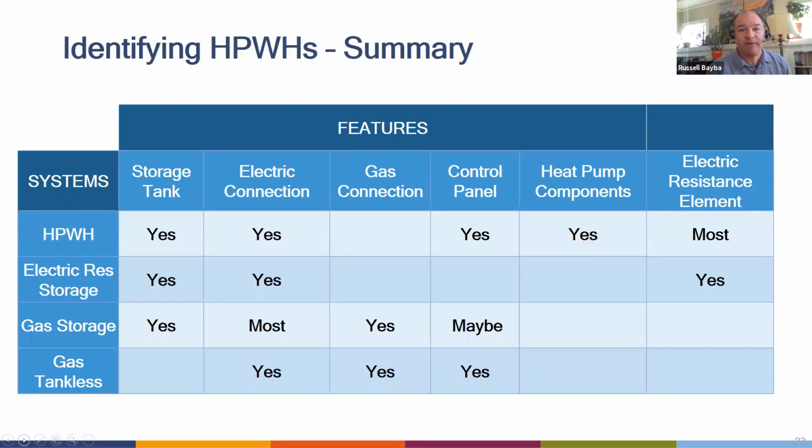So let's compare a little bit the different types of water heaters that are out there. Most of the kinds of water heaters out there are storage. Most of them also have electrical connections, so that's pretty typical.